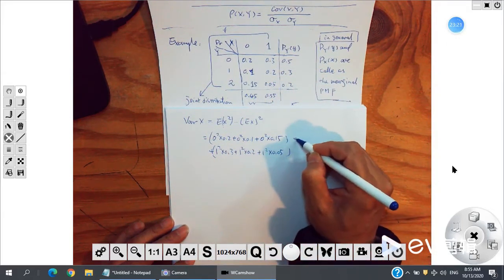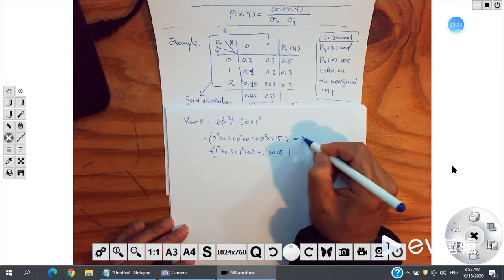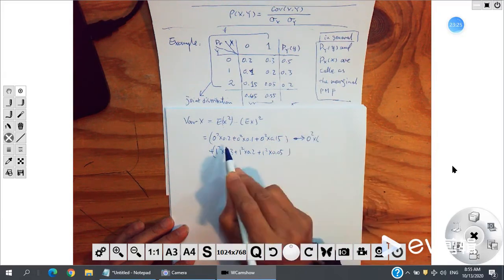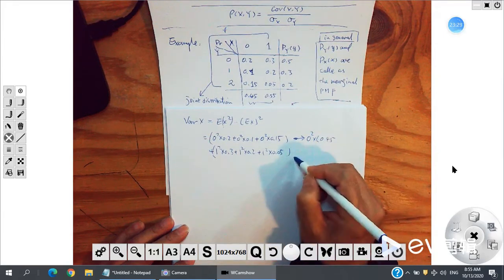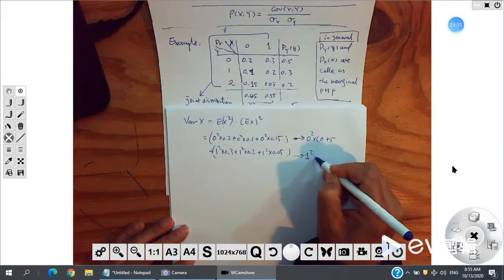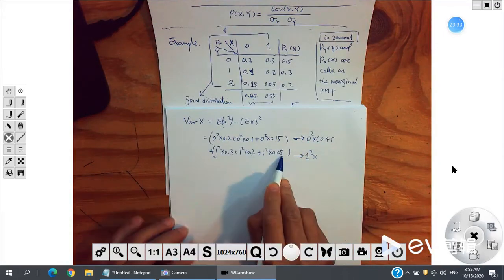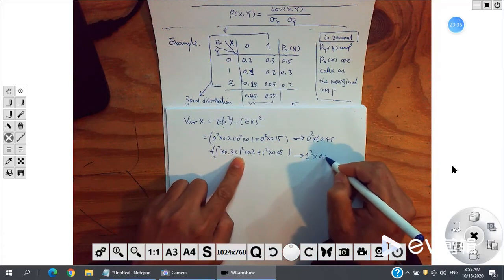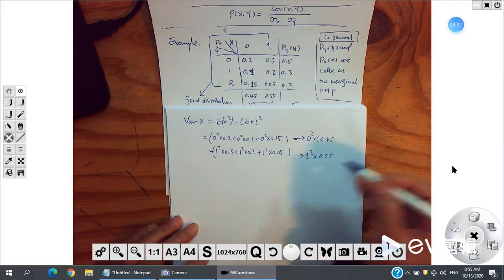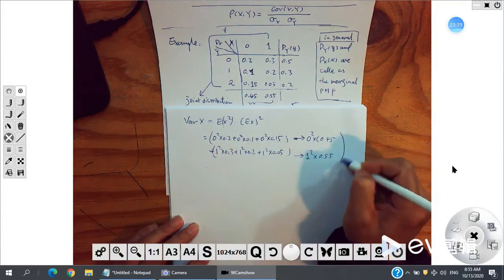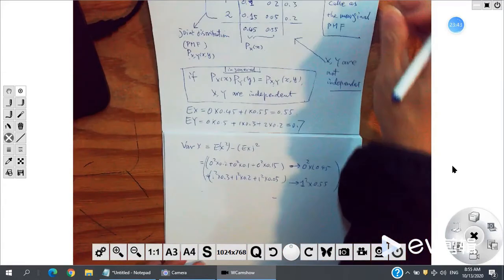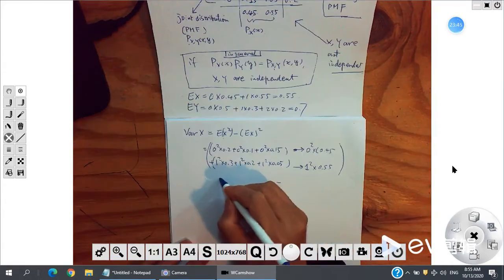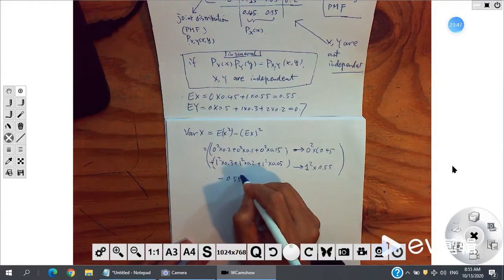This is also 0 squared times the summation of these three, right? So this is 0.45, and this is 1 squared times the summation of these three, so 0.55. It's the same thing. Okay, so out of these and minus EX we already have 0.55 squared.